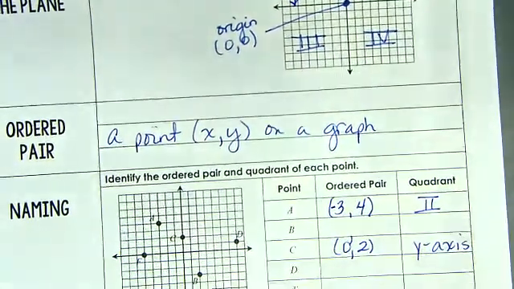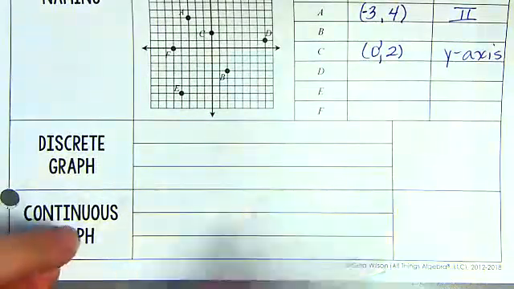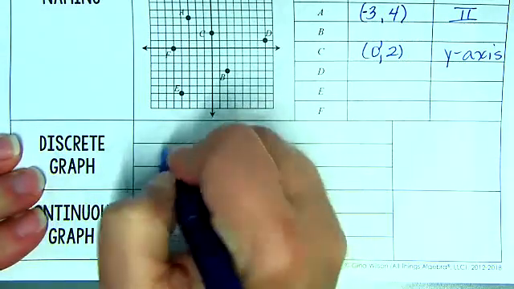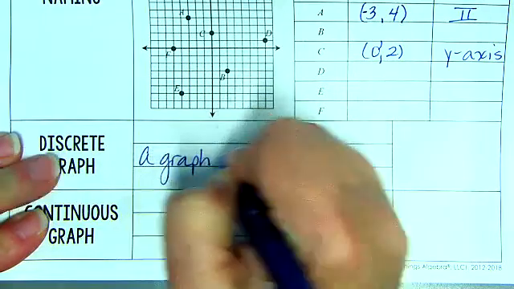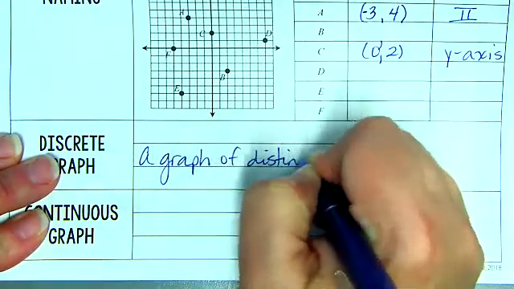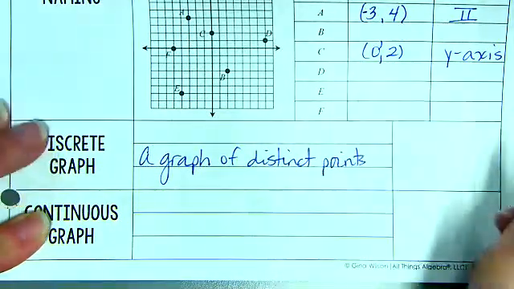All right, discrete graph. This is where we get into some information that we might have talked about last year, but just briefly. Discrete, and this is also in your vocabulary, is a graph of distinct points.